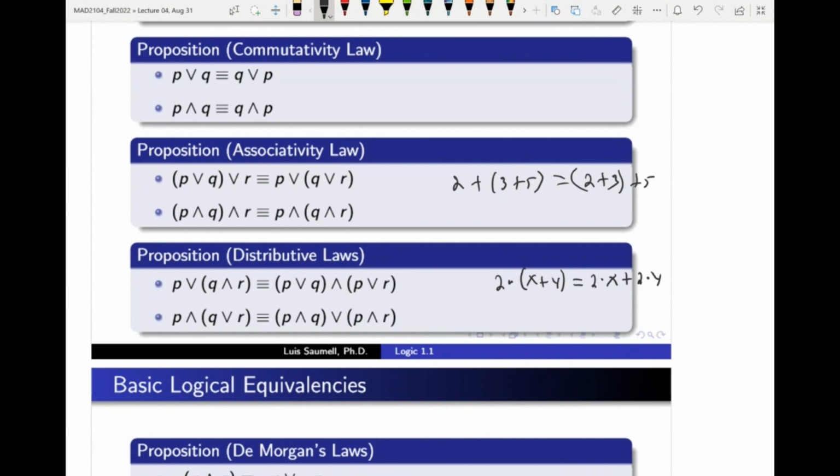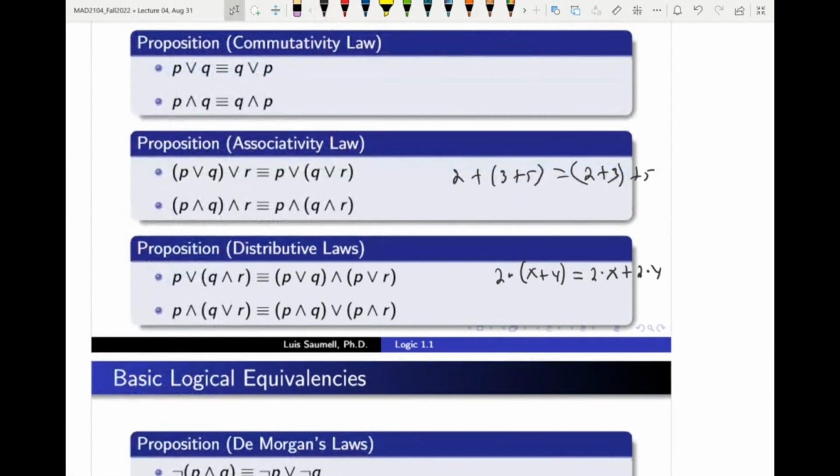Notice that this is 2 times x plus 2 times y, exactly what you're used to. It's just that now it's with the symbols. You just need to do it a couple of times until you get used to it. So I guess the hint is the operation that is inside here is what goes in the middle.